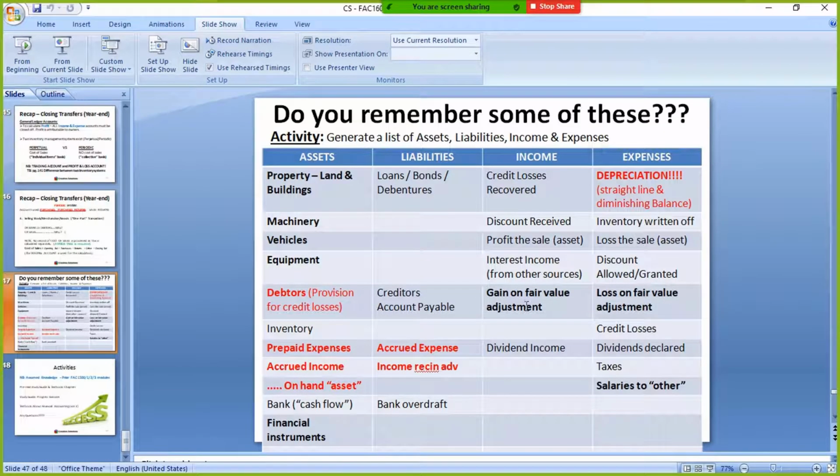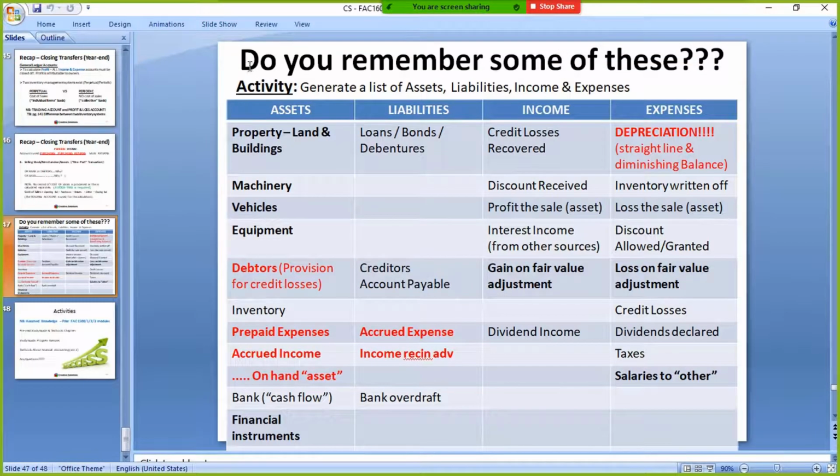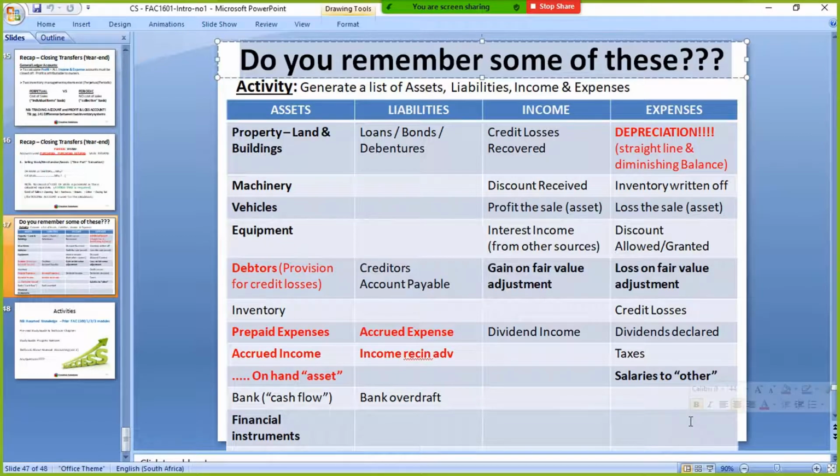When you go through the actual study guide and look at different questions that they've given you, you will see different FAC 1502 concepts being tested, but none of it would have been covered in 1601. These are the more popular ones.